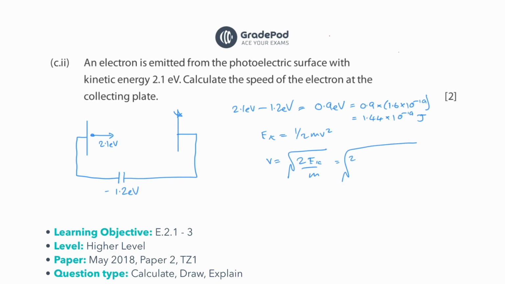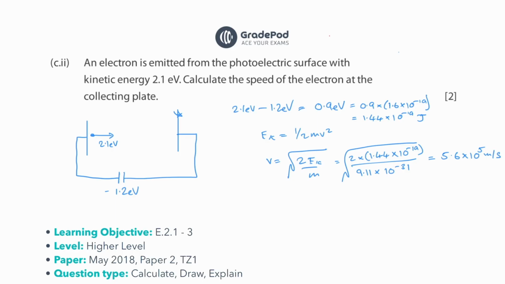Pop in all our values. 2 times 1.44 times 10 to the minus 19. This is the mass of an electron, which you can get from your data booklet. And if we pop all the values in, we'll get 5.6 times 10 to the 5 metres per second.